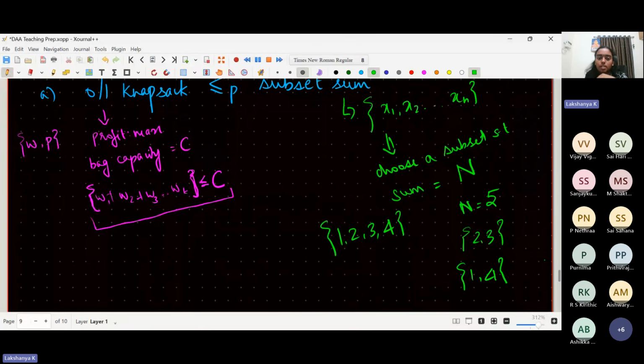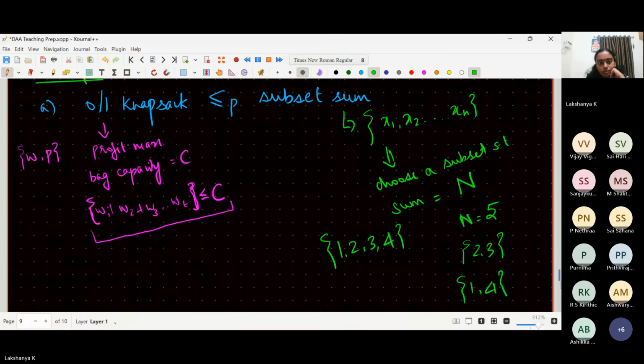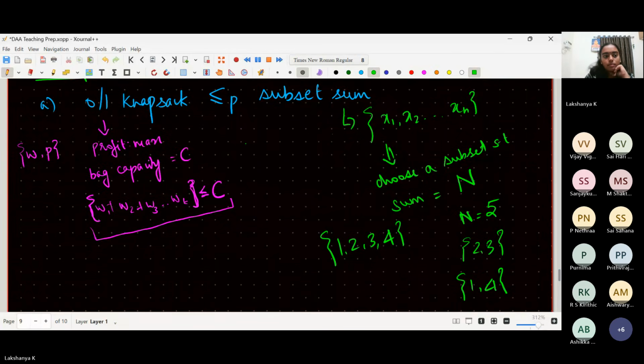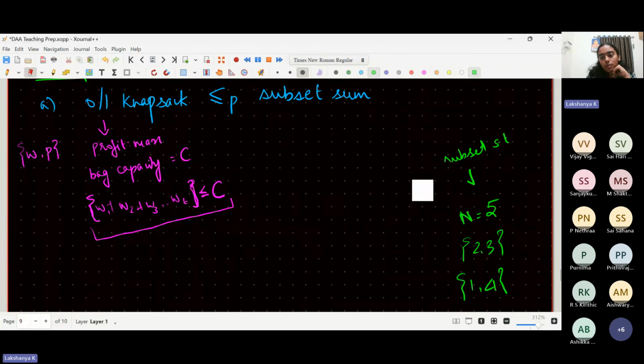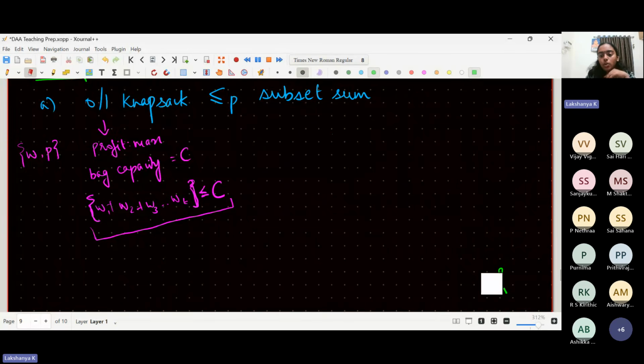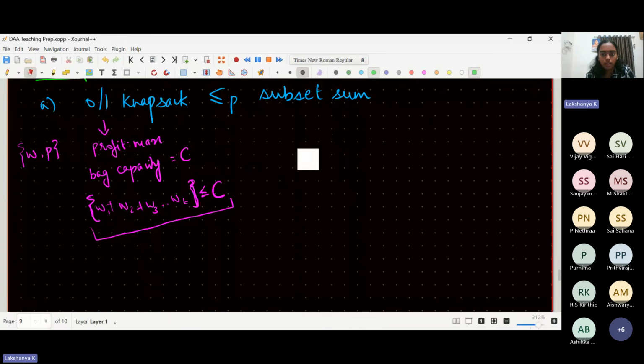So this is the subset sum problem. Now, how can we relate this with this? So you understand the problem definitions, right? I'll tell you how the reduction actually happens, but both the problem definitions are clear. Everyone?